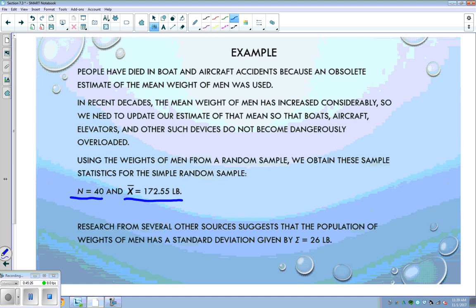Research from several other sources suggests that the population weights of men have a standard deviation of sigma equal to 26 pounds. Right there, you know you're using Z. You're using Z because I have the population standard deviation. That's the difference.